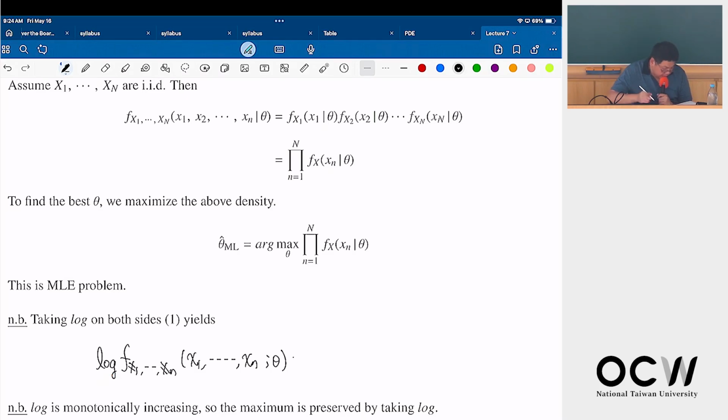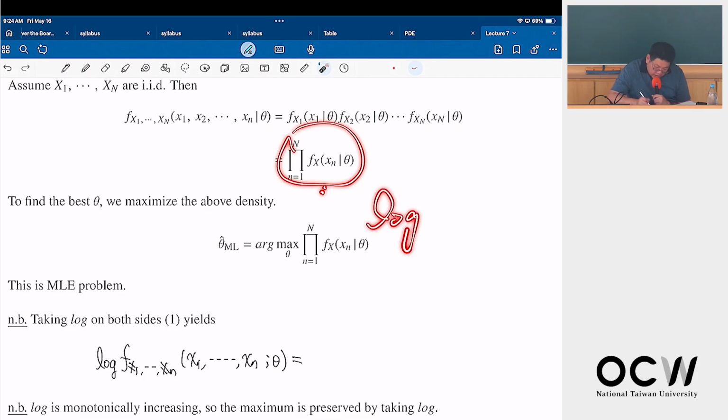If I take the log of the right-hand side, log AB will be what?